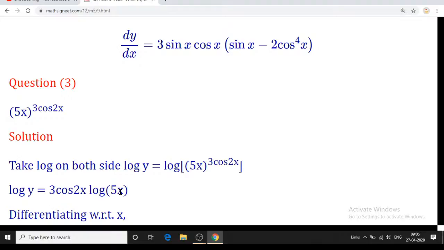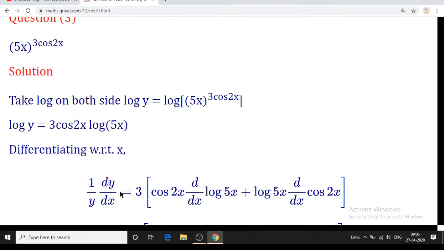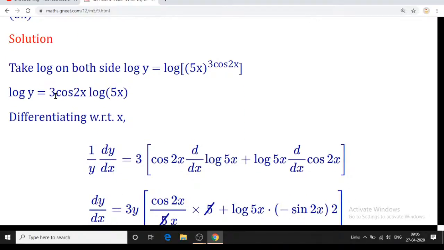Now when we differentiate this, here 3 is a coefficient, it will not create a problem, we keep it outside in a bracket. Then cos 2x is one function and log(5x) is another function, so we have to apply the product rule here.